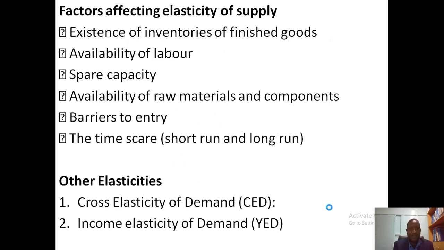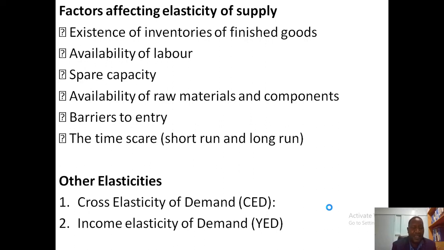So factors influencing elasticity of supply include the following. Number 1, existence of inventories of finished goods. If the company or firm has inventory readily available, they can adjust their supply levels easily, and so the price elasticity of supply is greater than 1 if the company has existing inventories.